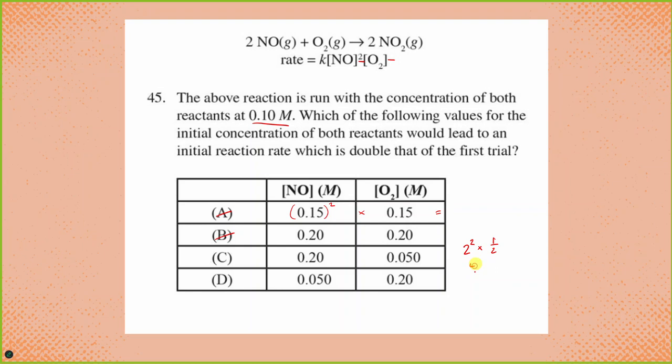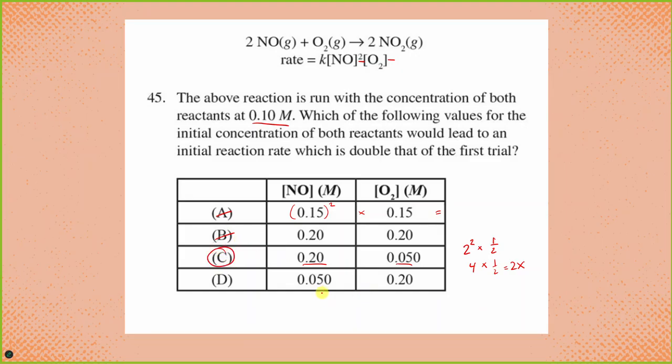So that would be 4 times a half. And that one would be 2 times the rate. So concentration wise, this is double of 0.1 and this is 1/2 of 0.1. So I'm going to go with C, but I'm going to just check D just in case.